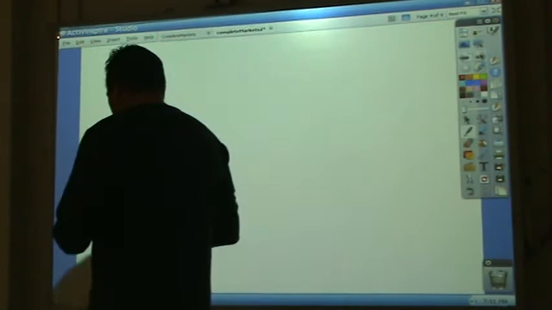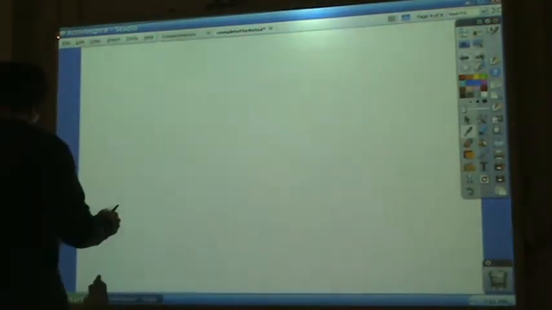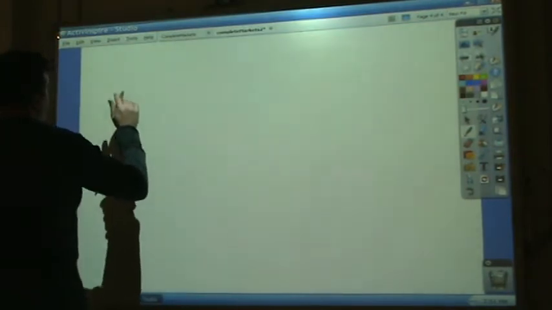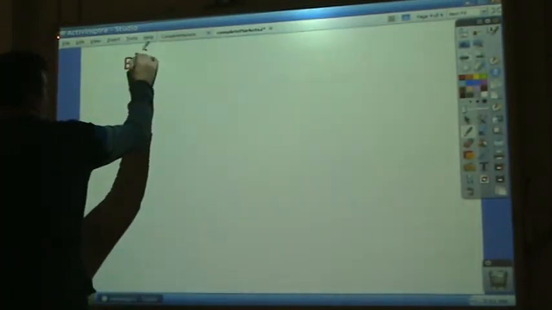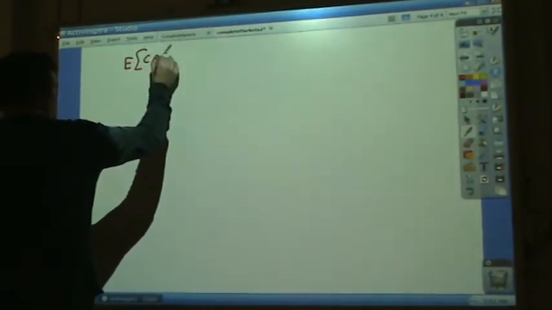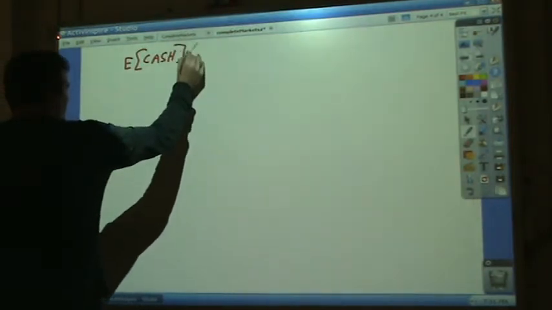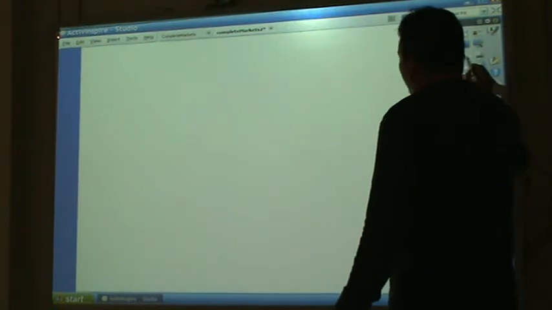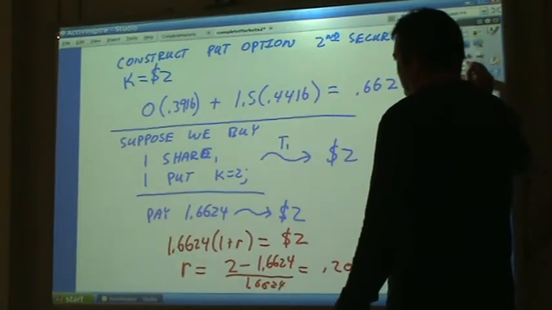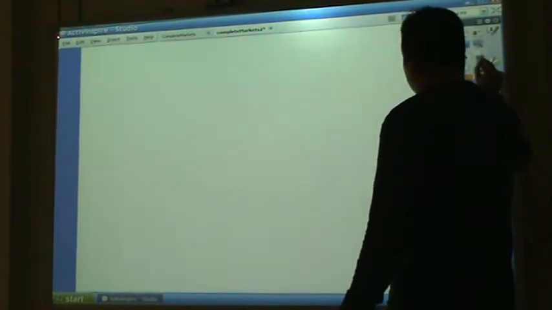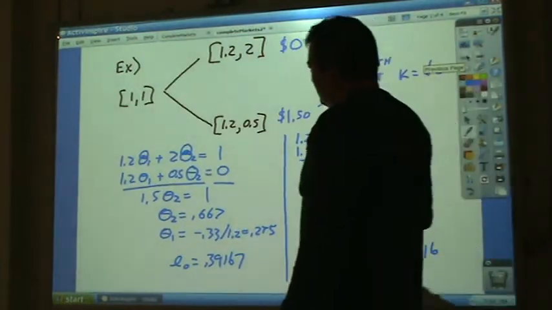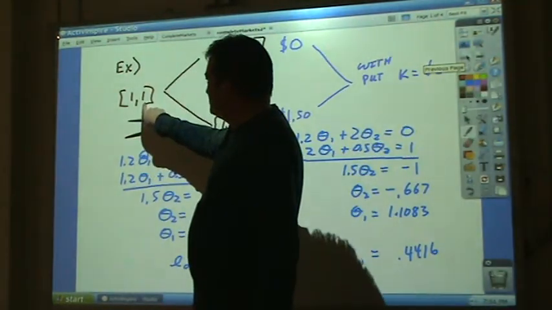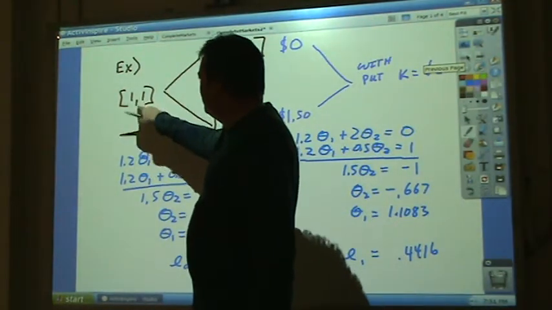Okay, so now, what would the risk neutral price be? Let's just decide that that one is cash. So the expected value of cash in that example was what? What I'm doing is I'm just going ahead and saying, this one is cash and this one's a stock.